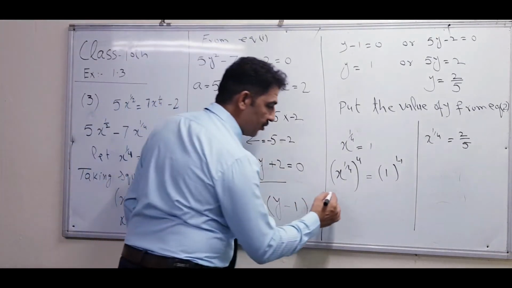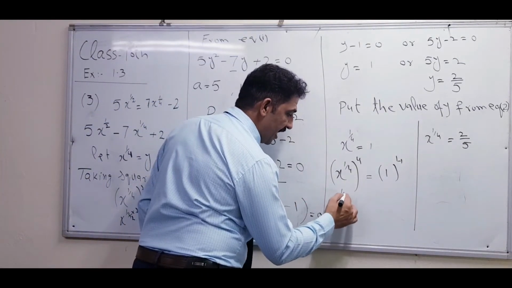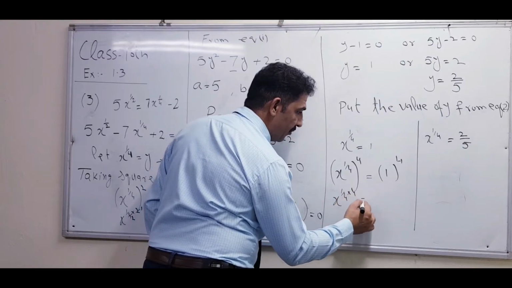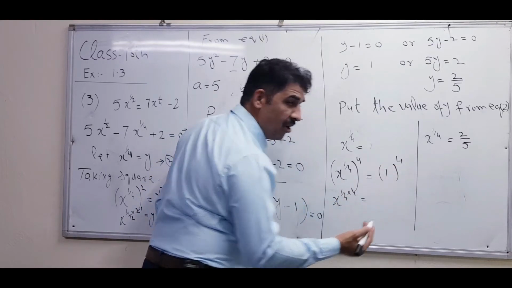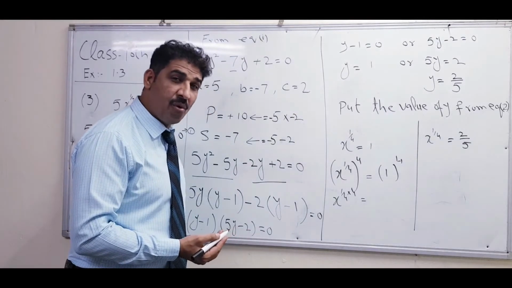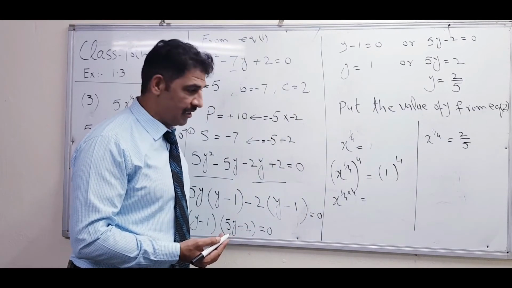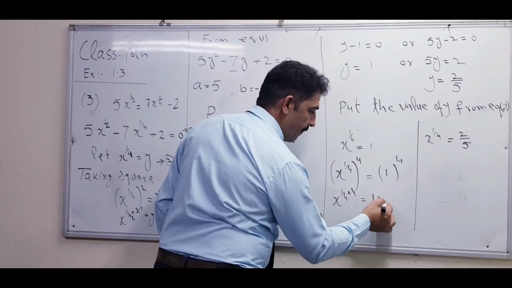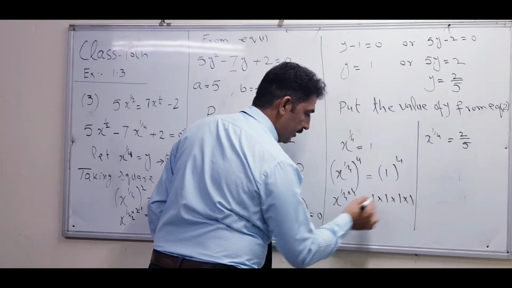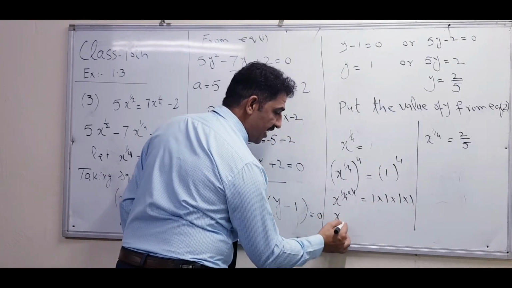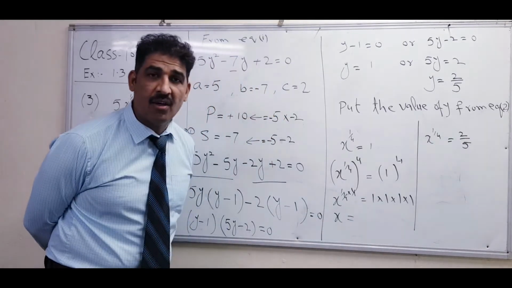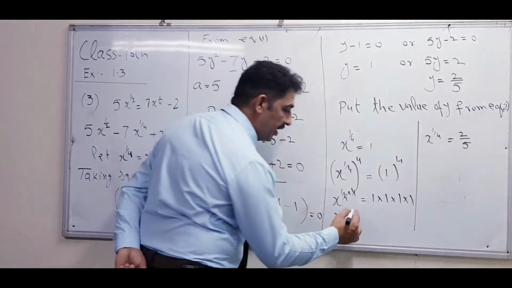Multiply. So we will write x exponent 1 over 4 multiply by 4 is equal to 1 exponent 4, which means 1 multiplied by itself 4 times. Then what will we get as the answer? Here 4 cancels. x is equal to what we get on the right hand side? 1. Good.